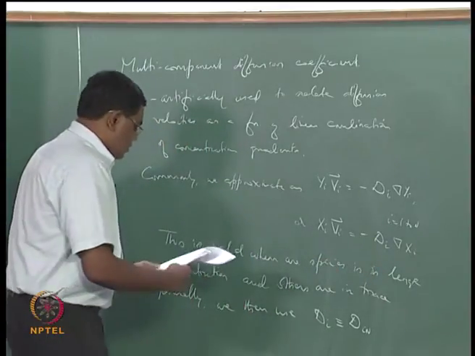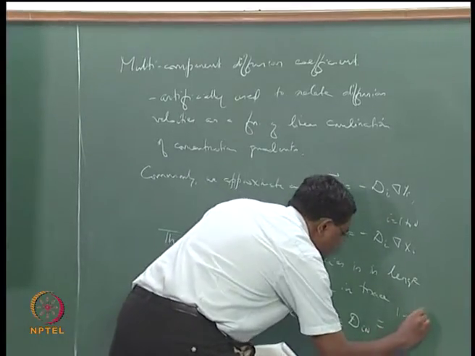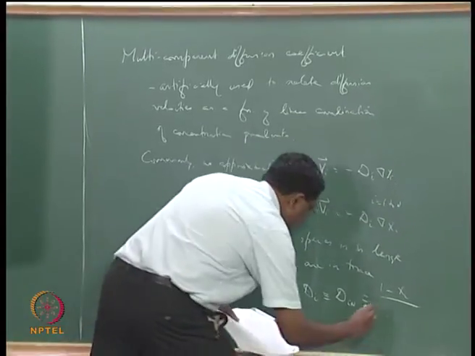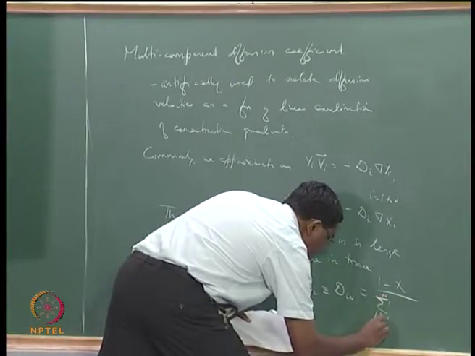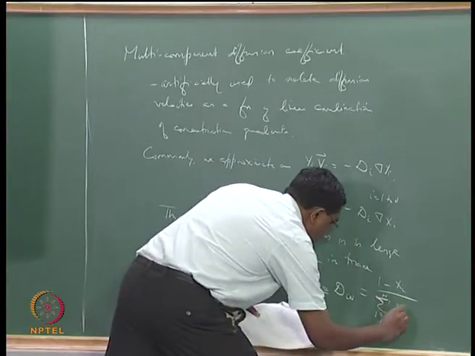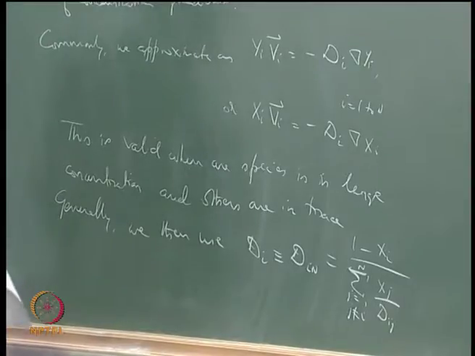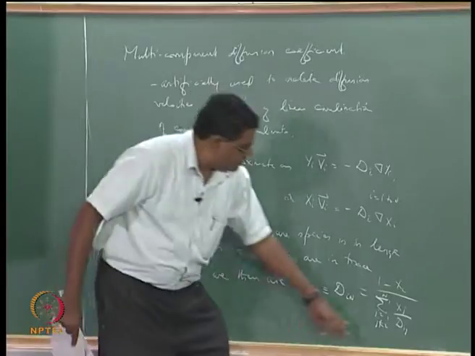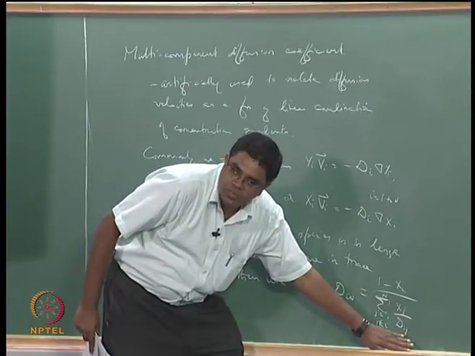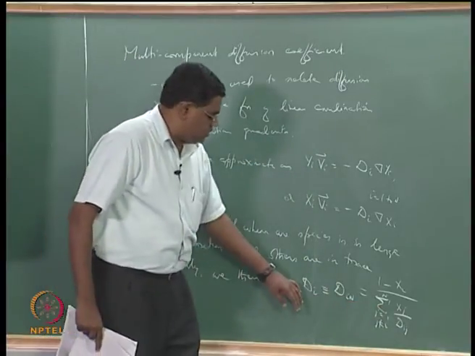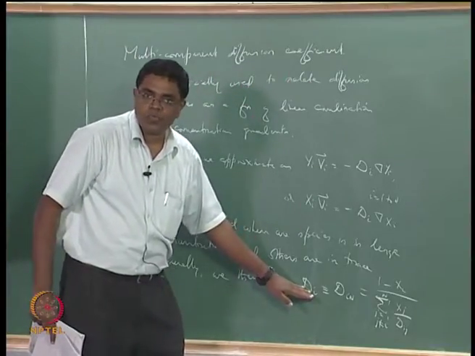This is generally written as (1 minus Xi) divided by sigma j equals 1 to n, j unequal to i, of Xj divided by Dij. So that means we are actually using the Dij information for all the species in the mixture in evaluating what we now call the multi-component diffusion coefficient.